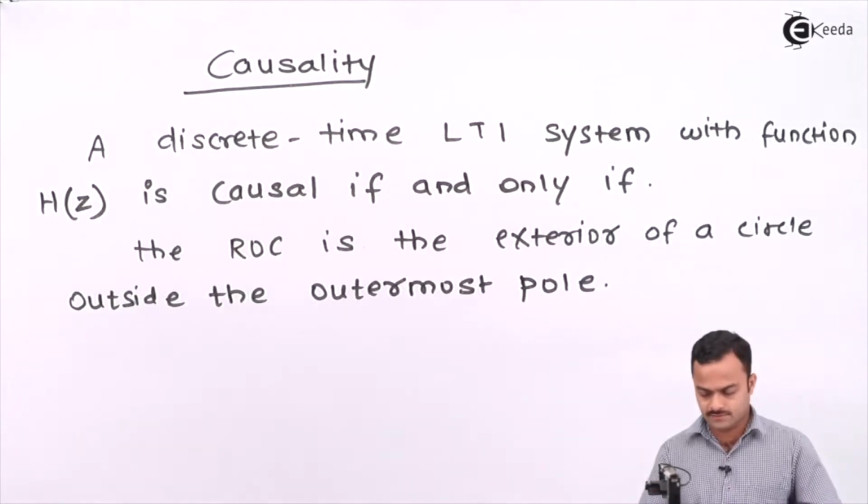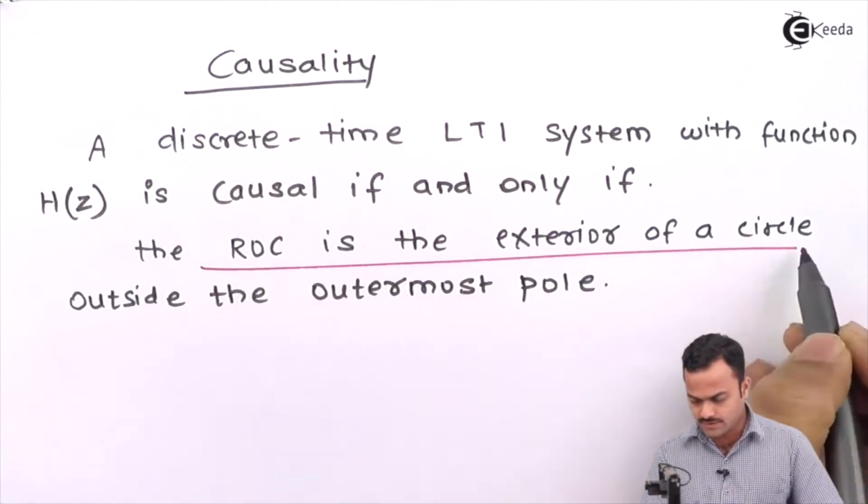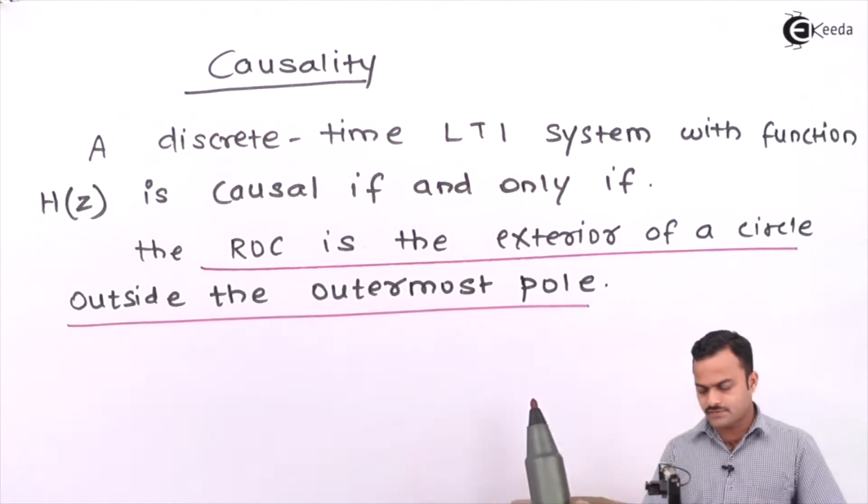So the keyword is, ROC has to be exterior of a circle which is outside the outermost pole.